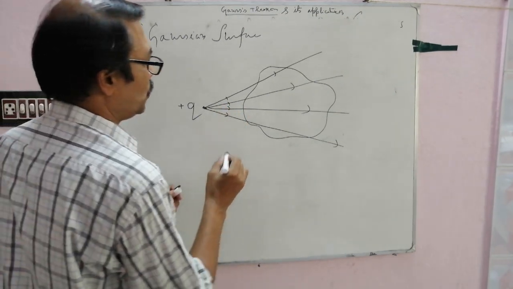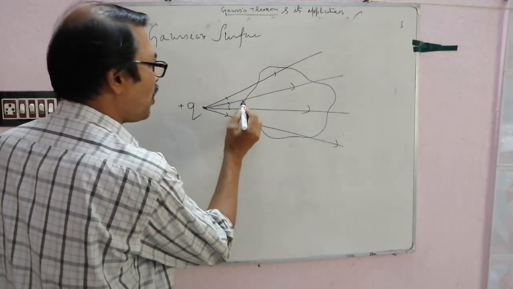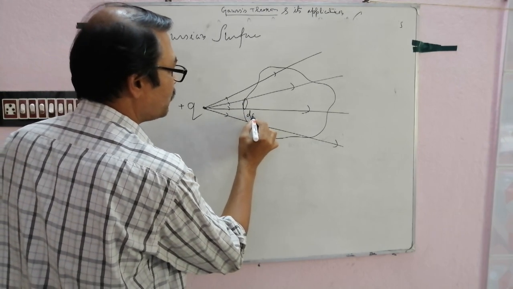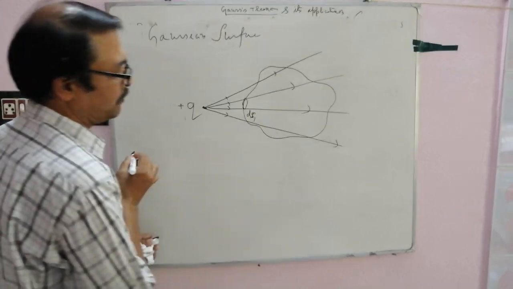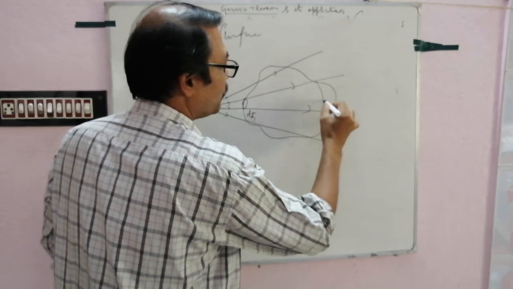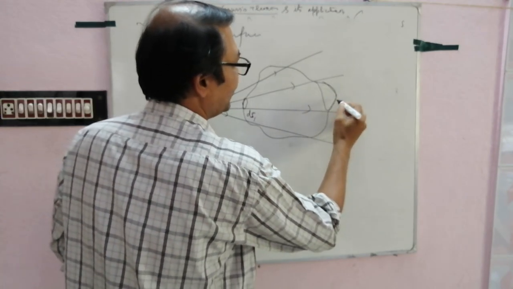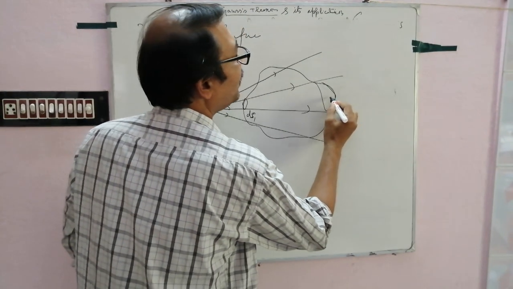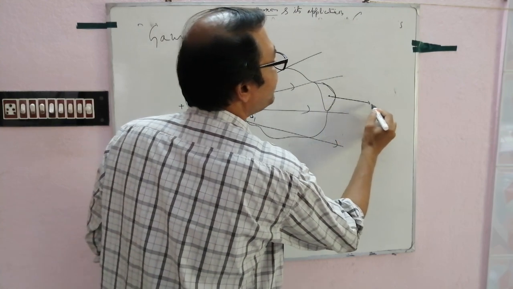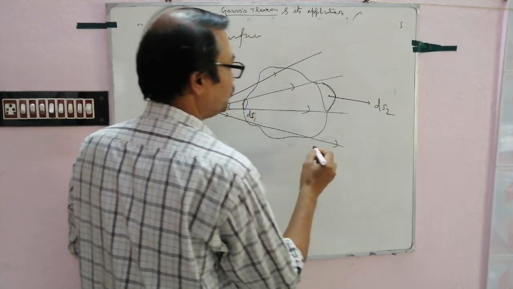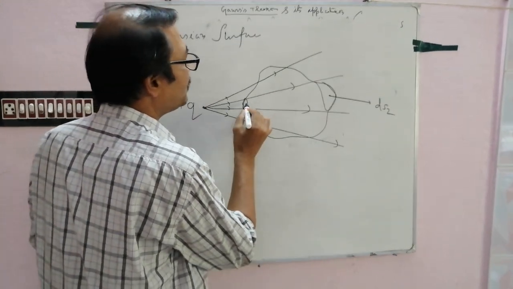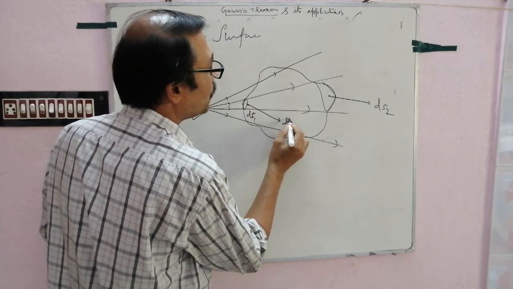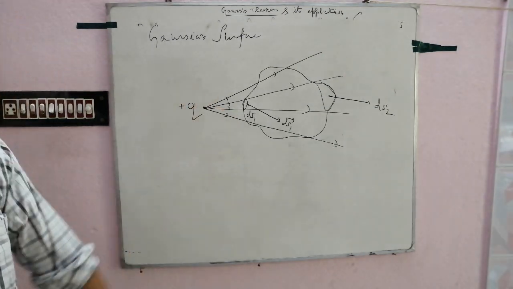Now, follow a small area here, that is DS1, and here is a small area DS2. The normal in this direction is DS2 and this normal is in the direction of DS1.